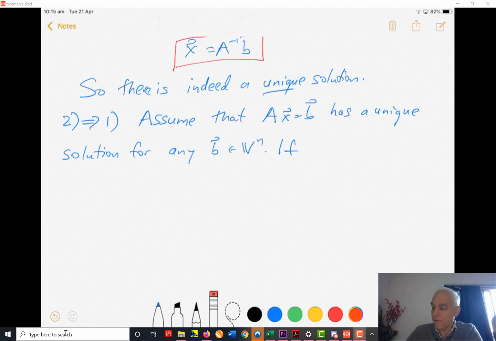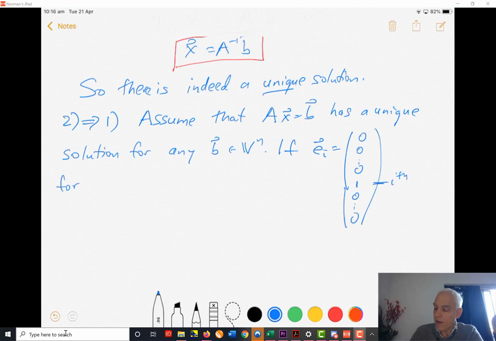So E sub I is that vector for I equals 1 all the way up to n. Then let's apply what we are assuming to the equation AX equals E sub I. So AX equals E sub I has a unique solution. That's what we're assuming.